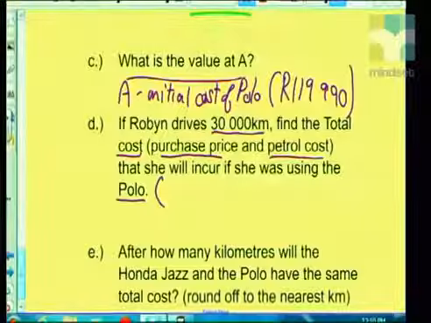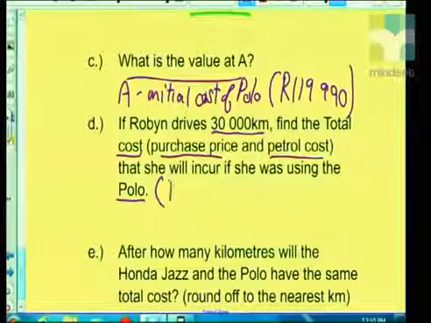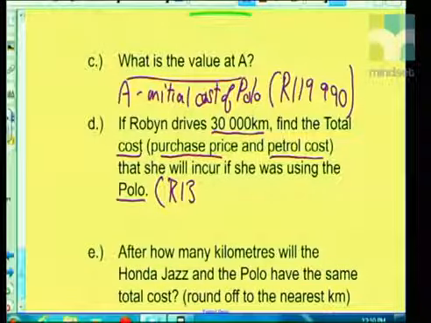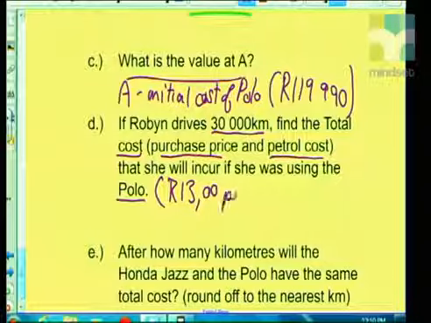What isn't given in this question, because it will change whenever you're doing this, is today's price of petrol. I'm not exactly sure where she is in the country, but I'm going to round this off, and let's say that petrol costs 13 Rand exactly per litre.